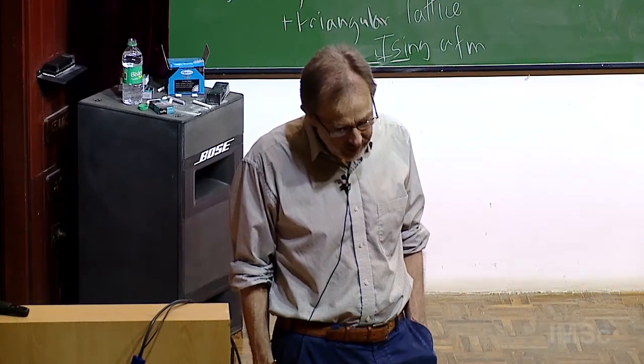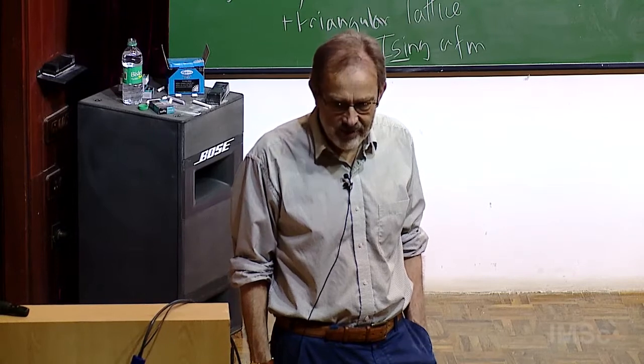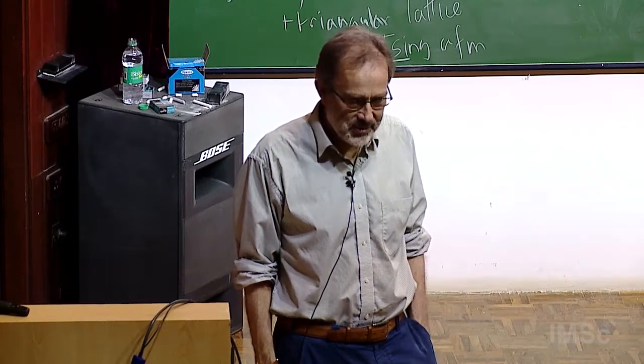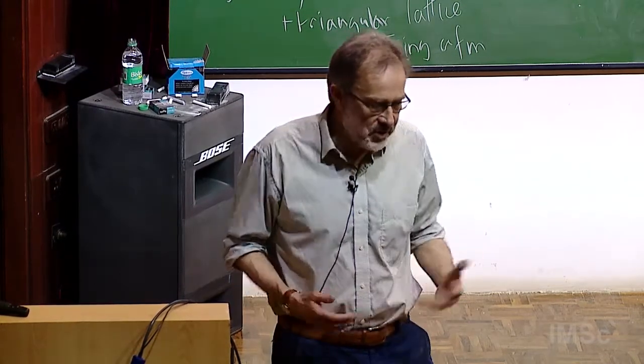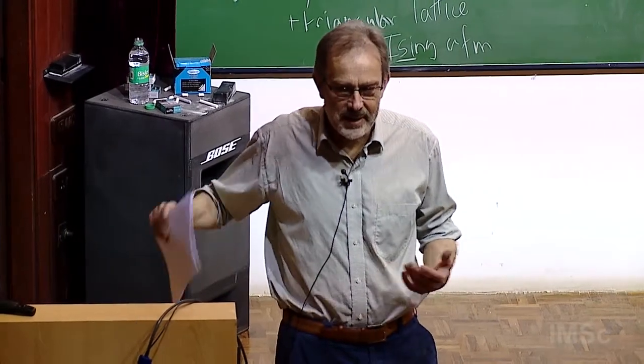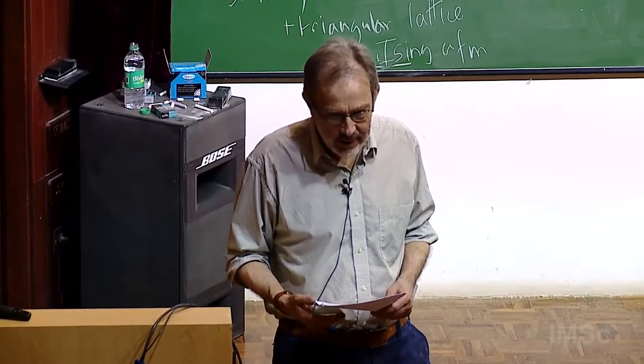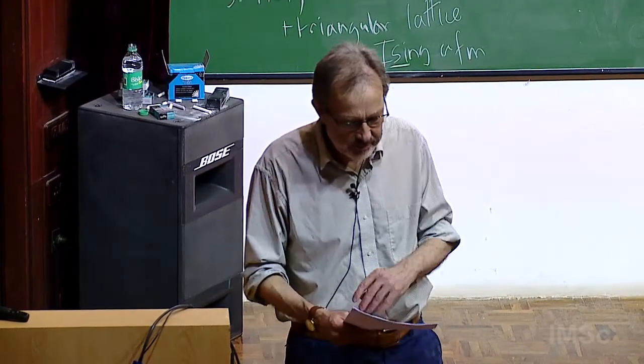And what I'll describe in today's lecture is a version of that in the simplest setting, which is the triangular lattice Ising model, which I think brings in a lot of ideas that will also be useful when I talk about spin ice tomorrow morning.